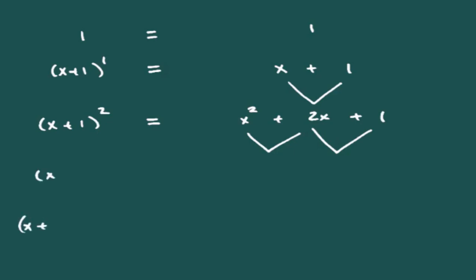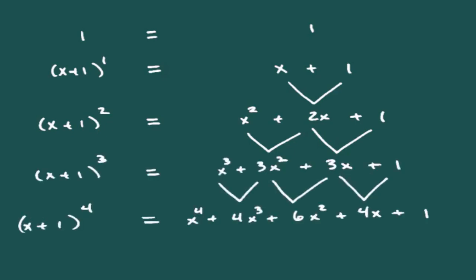Our x plus 1 squared gave us x squared plus 2x plus 1. Our x plus 1 cubed gave us x cubed plus 3x squared plus 3x plus 1. And so what we've got drawn in here will be how we're putting those so that each one on the next row looks like the sum of the 2 diagonal terms that are above it.